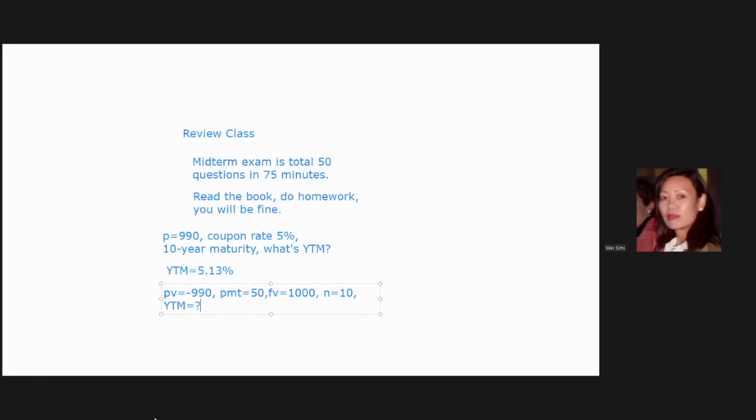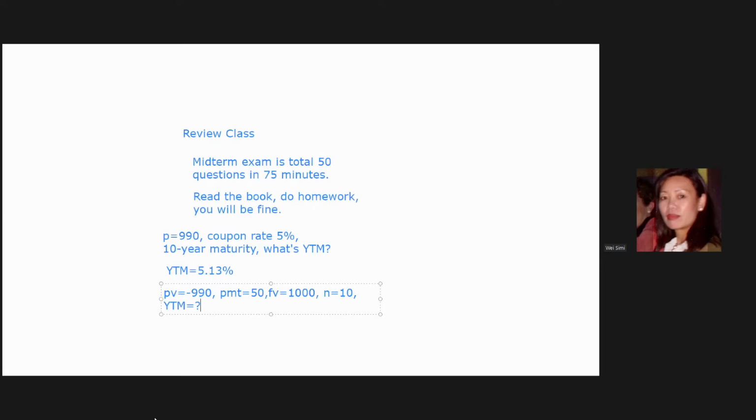You need a financial calculator. For example, I have the HP 12C. You push the button F, then the yellow one called YTM. So each person's calculator is different.